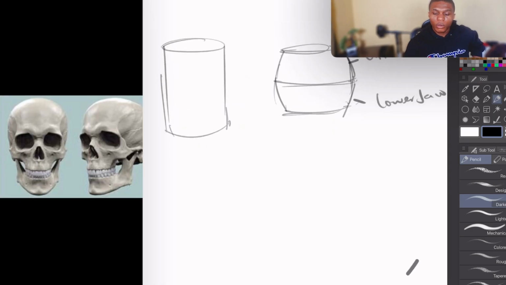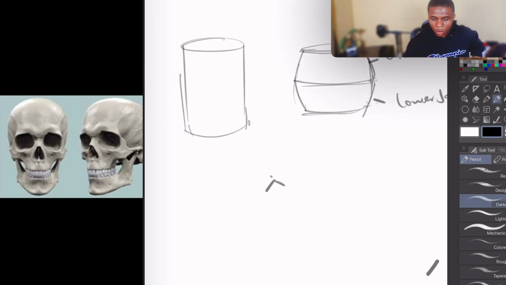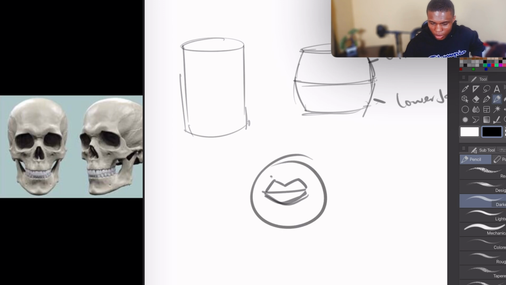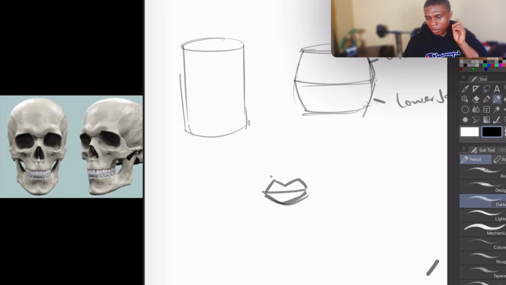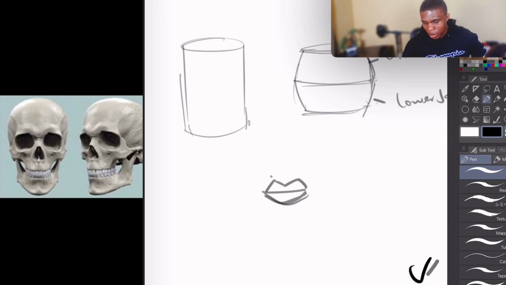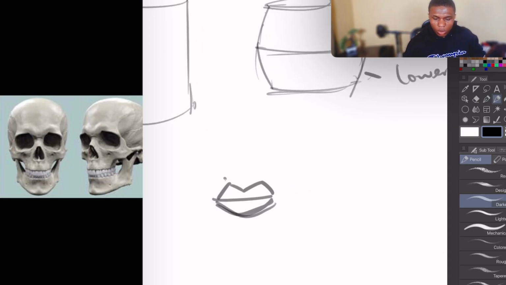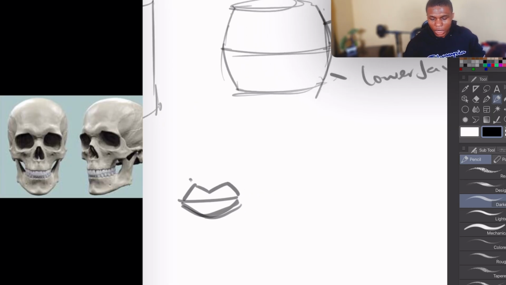One mistake people make is drawing the mouth like a sticker, right? This is art. There's nothing wrong with this. But if you're trying to give your art a certain look, like let it look a bit three-dimensional, the mouth is not a sticker. It's not flat like this.